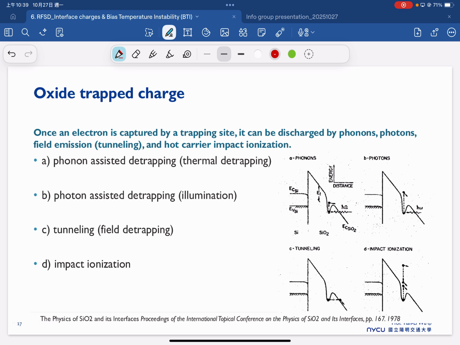And also, once the electron is captured by a trapping site, it can be discharged by photons, field emission, or hot carrier impact ionization. And here the discharging means detrapping.